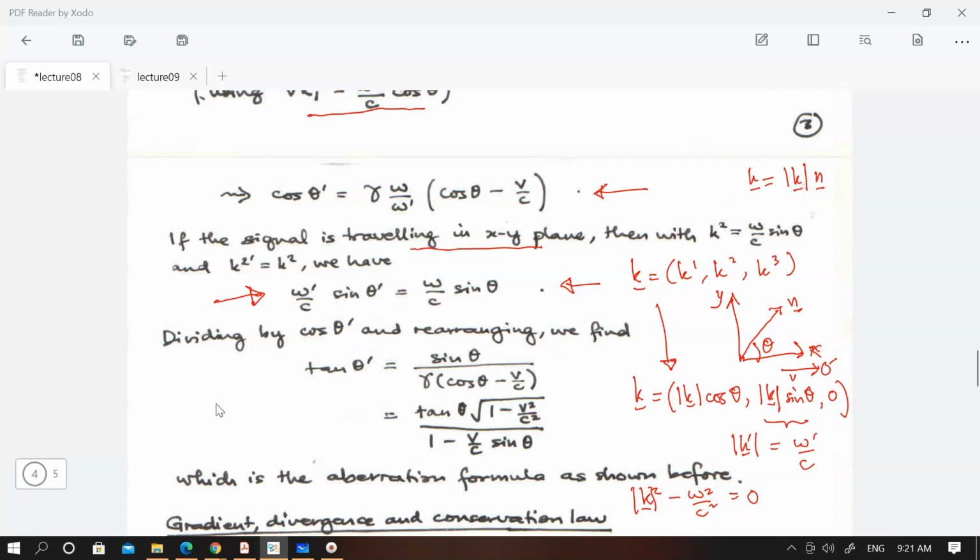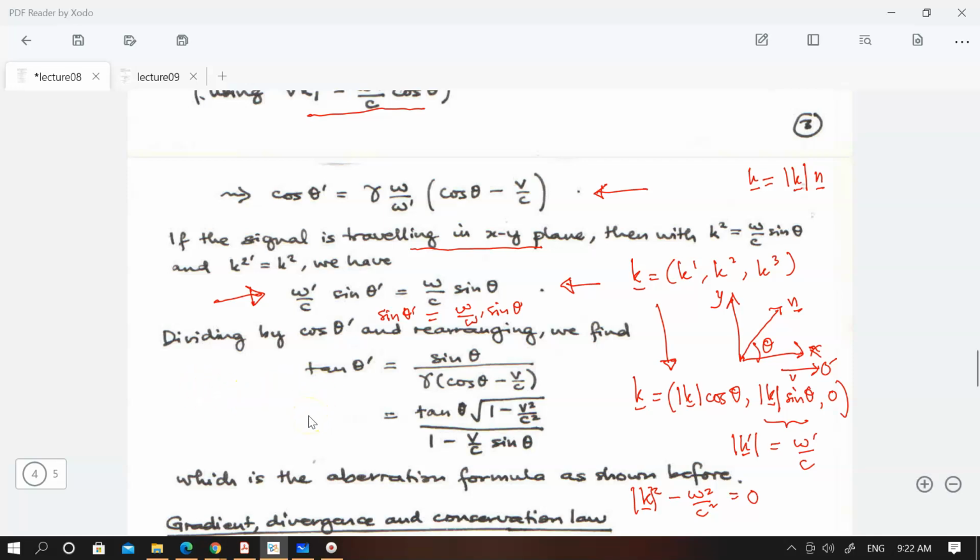So over here I can rearrange this to be sine theta dash equals omega over omega dash sine theta. Now what I can actually do is divide sine theta dash by cos theta dash, and similarly on the other side, and then you get this formula for tangent theta dash, which is given by this.